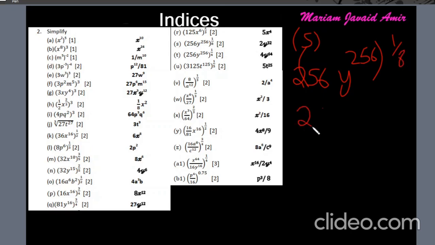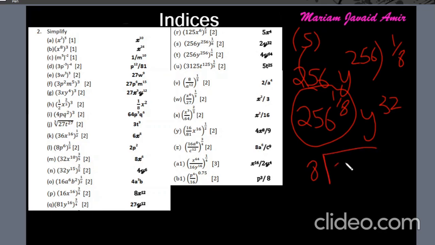So first we'll write 256 power 1 by 8, because 1 into 1 by 8 is 1 by 8, and then y power 256 into 1 by 8. 256 into 1 by 8 is 32. Now in your calculator, enter 256 power 1 by 8 or 8th root of 256. So this would give you 2. So we get 2y power 32 as the final answer for part S.